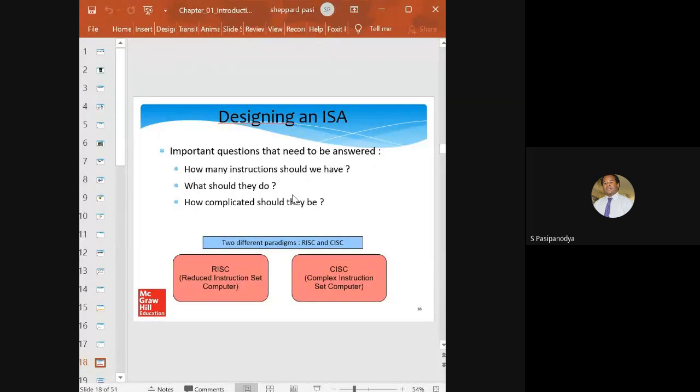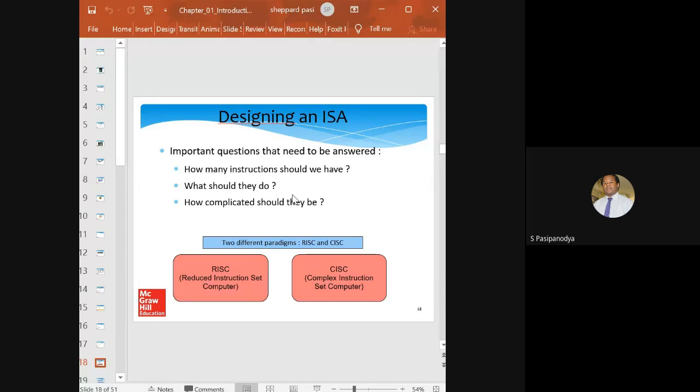So when we're looking at the designing of an instruction set architecture, we need to answer 3 fundamental questions. How many instructions we have, what they should do, and how complicated should they be?